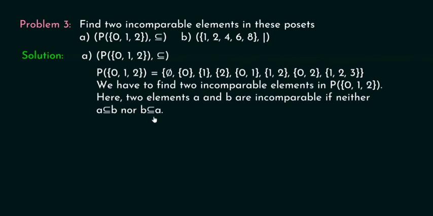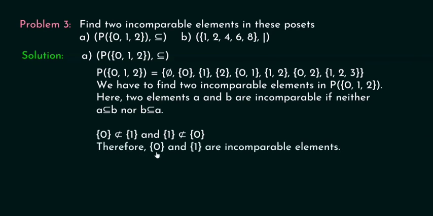Let's take two sets which are incomparable. You can see that these two sets are incomparable. This set is not a subset of this set and this set is also not a subset of this set. Therefore, these two sets are incomparable elements of this poset.